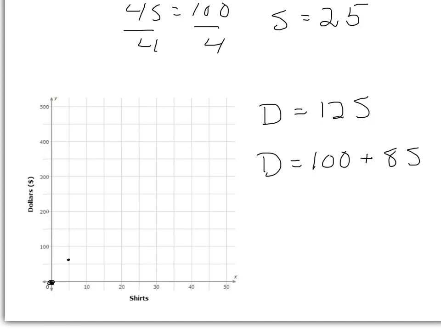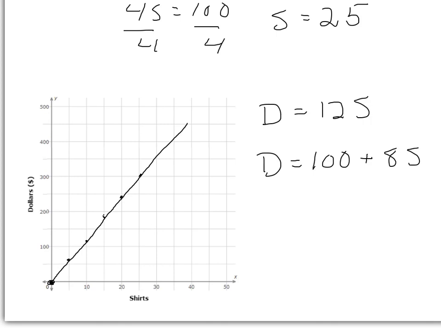It's about there. 10 shirts, it's going to go up to 120. 15 is 180. 20 goes up to 240. 25 goes up to 300. So let's try to connect those. That's the graph of dollars brought in for number of shirts sold.